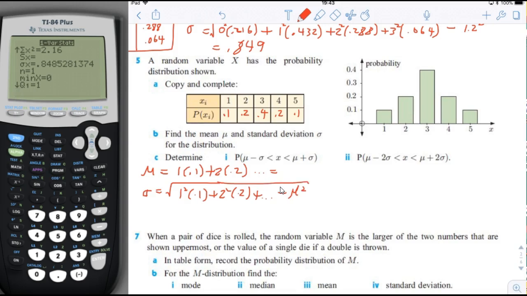Okay? So let's find out what the mean is in this case. We'll just use the calculator to do the actual calculation. So it's going to be 1, 2, 3, 4, 5, and in the probabilities, we're going to put 0.1, 0.2, 0.4, 0.2, 0.1.